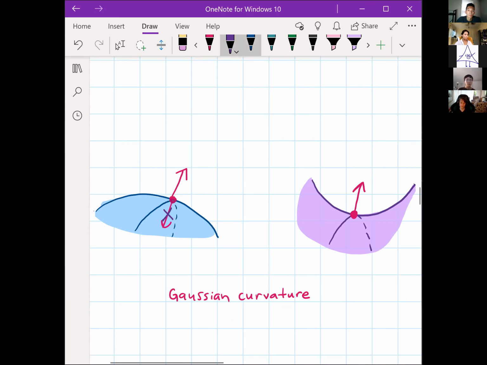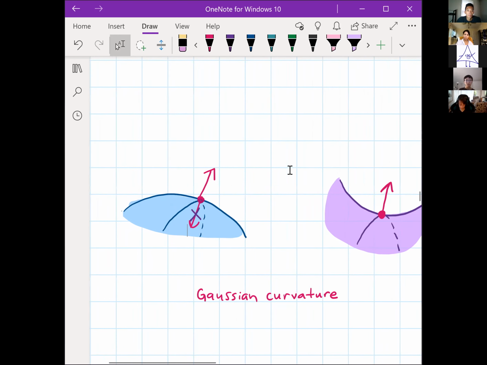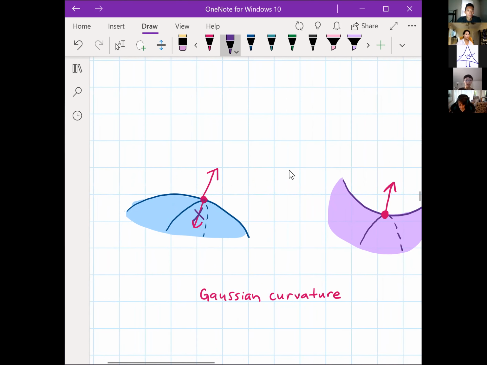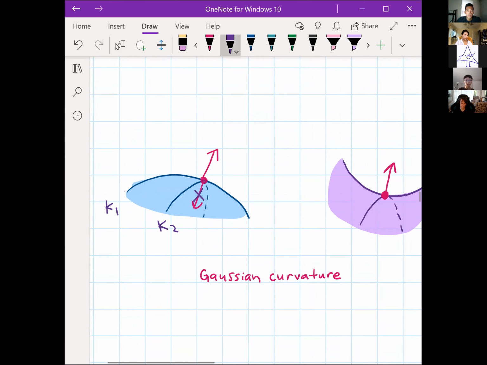Then what we do is we find the curves of minimum and maximum curvature. If those two curves happen to be these ones, and they have curvatures K1 and K2, so this one has curvature K1 and this one has curvature K2, then the Gaussian curvature is this product, K1 times K2.